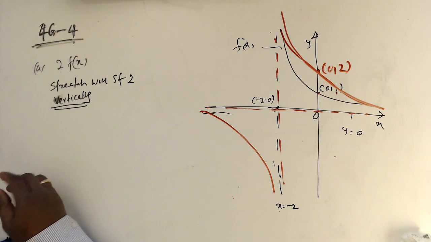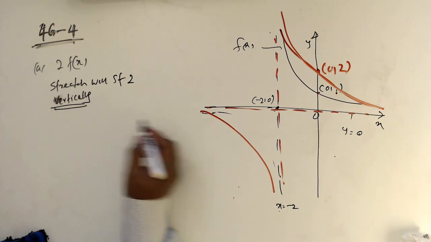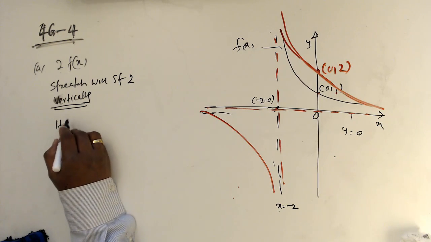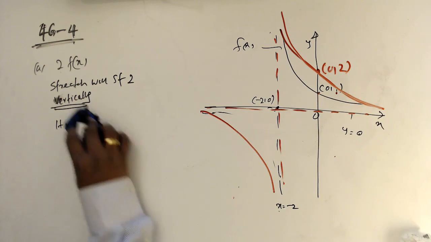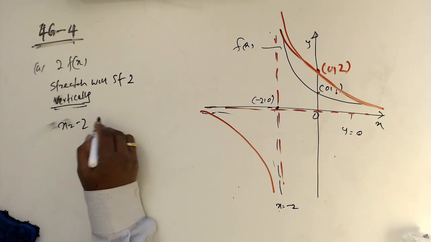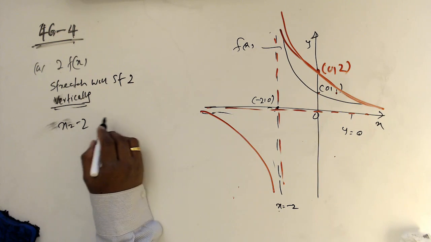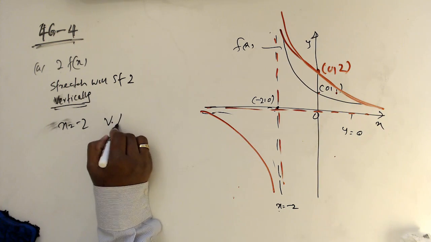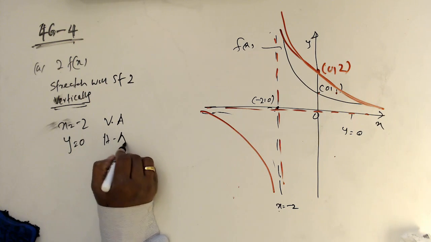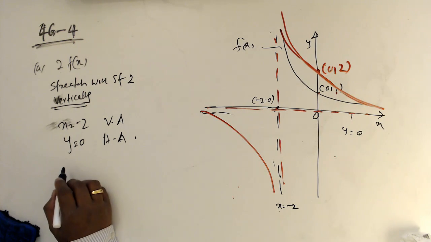So the curve goes through 0, 2. X equals minus 2 is the vertical asymptote. Y equals 0 is the horizontal asymptote.